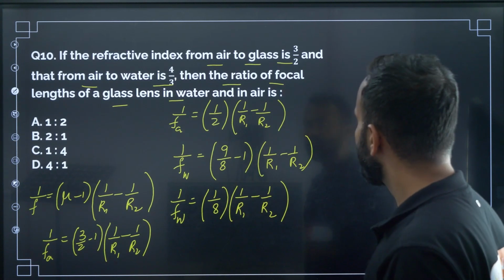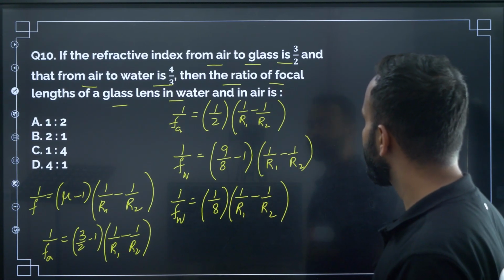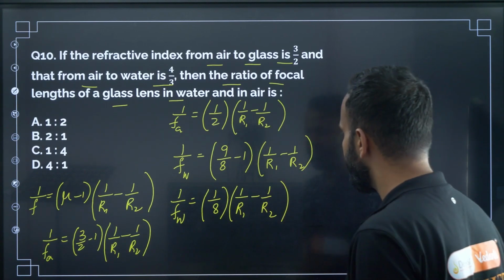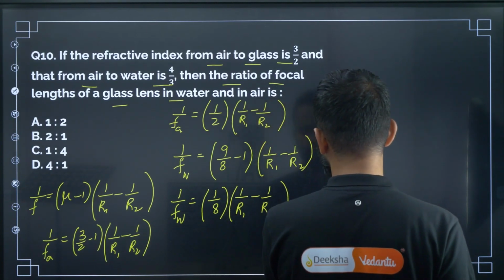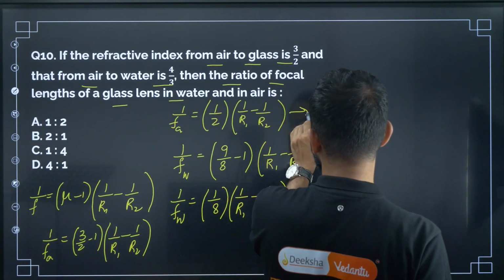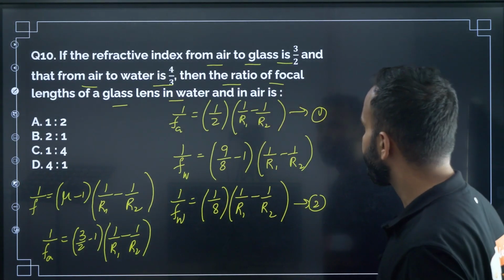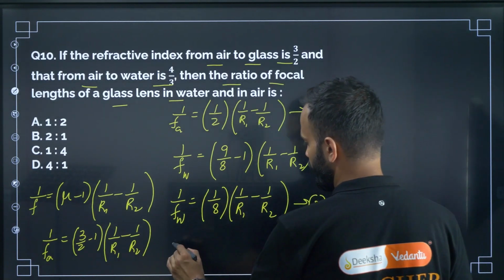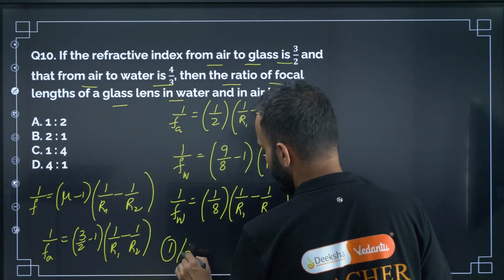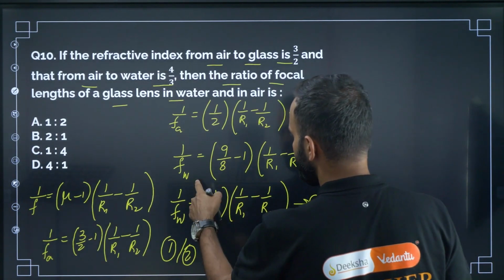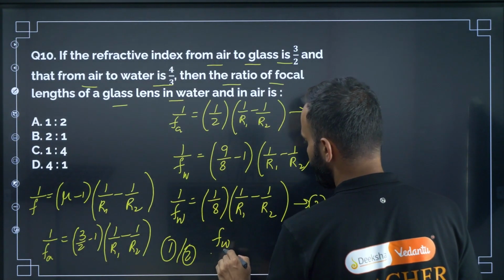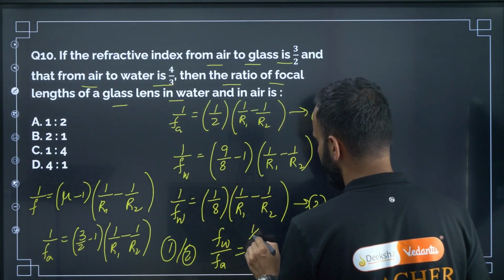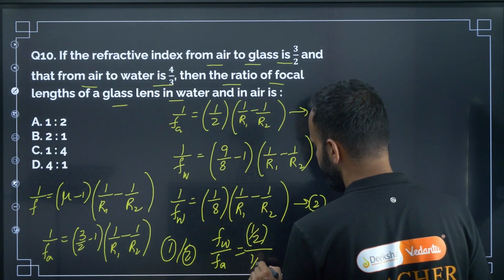Now I need to find the ratio of the focal length of the glass lens in water and in air. Divide equation 1 by equation 2. So now Fw divided by Fa is equal to 1 by 2 by 1 by 8.